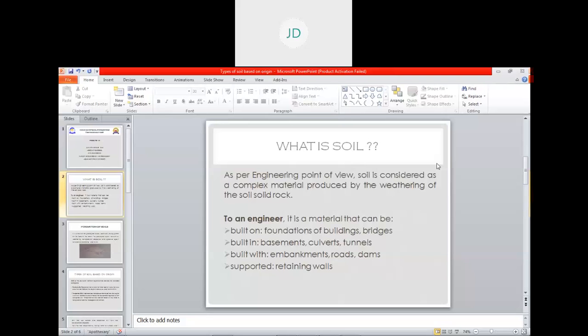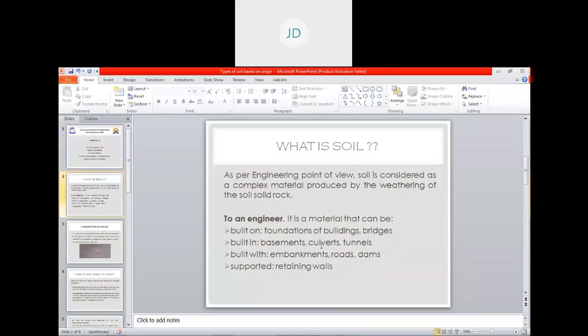And to a pedologist, it is a substance existing on the surface which supports plant life. Now, in terms of the engineering point of view, since you are an engineer, your point of view will be different. So what is soil?